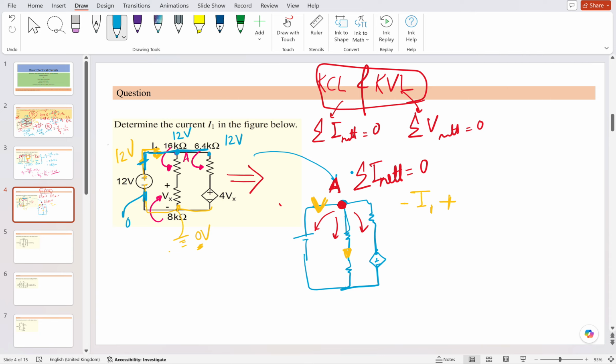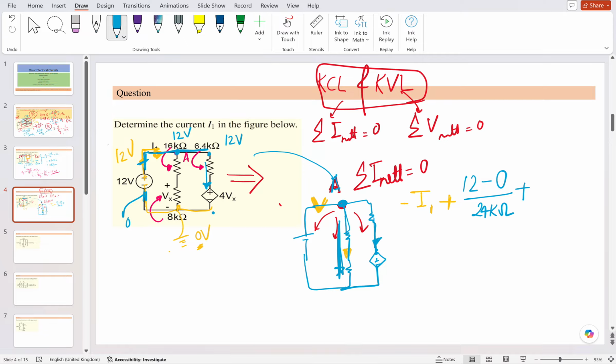So what is the voltage here at node A? It's 12 volt. What amount of current is going out of this branch? It is basically 12 minus 0, because the downward side is at 0 potential. What is the resistance overall? It is 24 kilo ohms. Plus, what about the current going into the other branch?